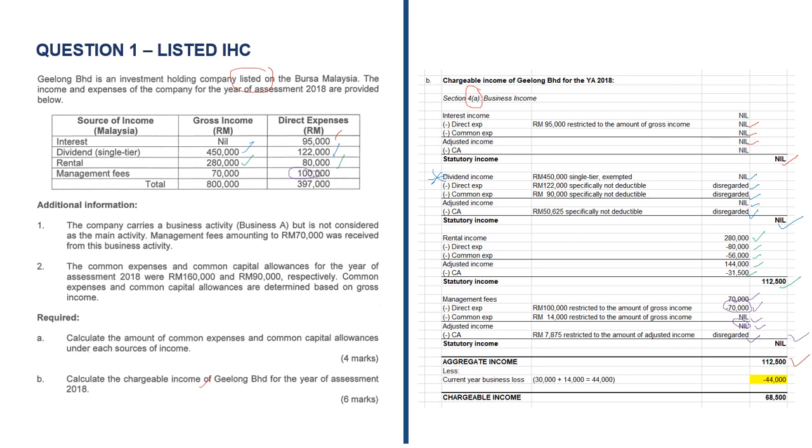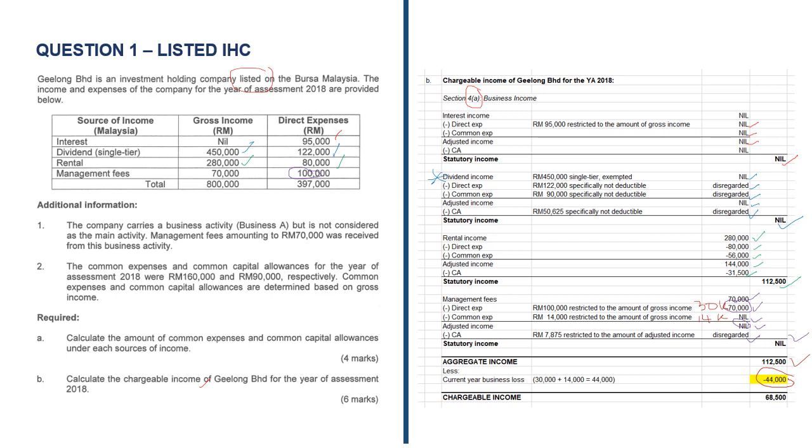Therefore kat sini kita dah loss sebanyak 30k. Campur lagi dengan yang ni, kita ada common expenses 14,000. Tapi kita tak boleh nak guna sebab tahun ni dah tak ada income. Kat sini kita ada 14k loss. Therefore, in total, current year business loss kita akan dapat sebanyak 44,000.